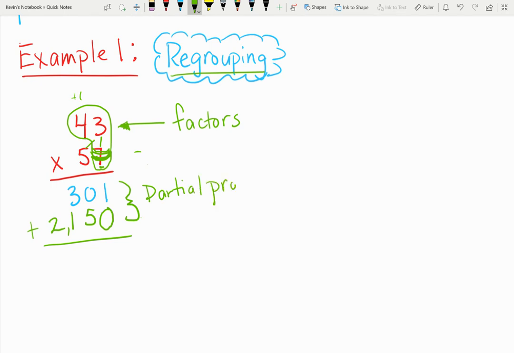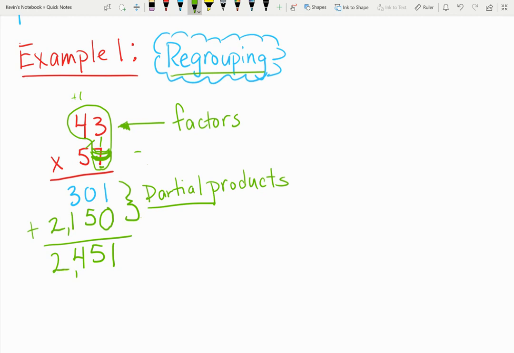The reason we call those partial is because they're only part of the final answer of your product, which comes down at the bottom. Then we just finish our problem out. We start with the ones place. 1 plus 0 is 1. 0 plus 5 is 5. 3 plus 1 is 4.